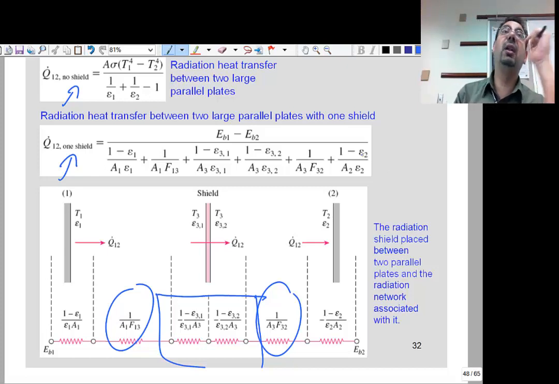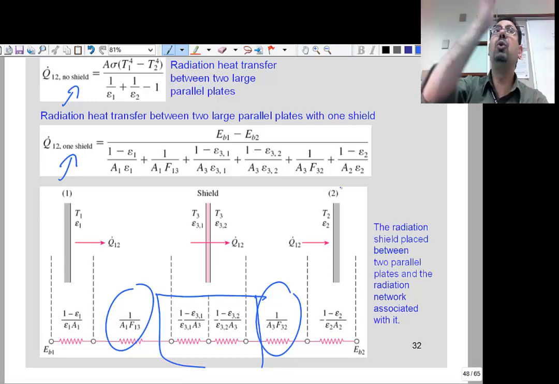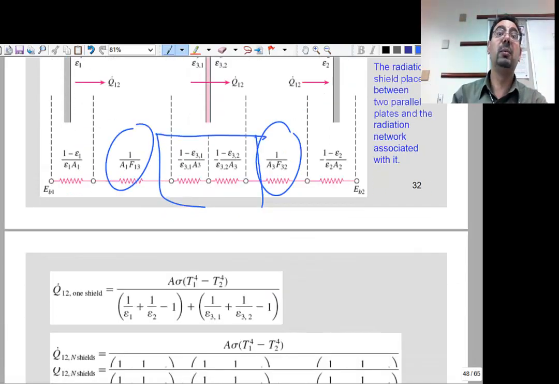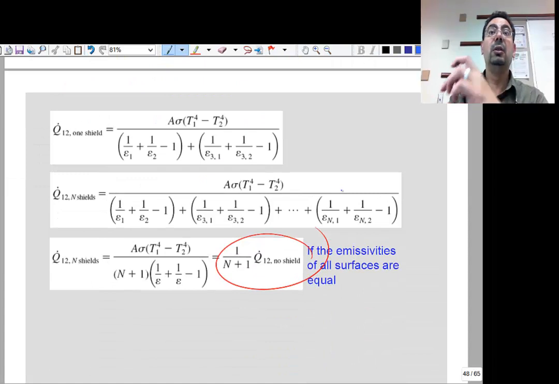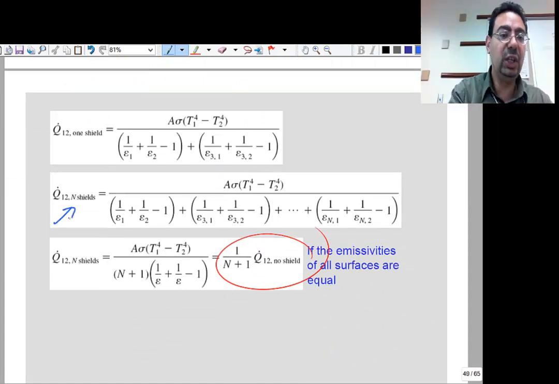So now what if we have a lot of shields, not just one? I mean, we will really want to kill the radiation. So let's add more and more surfaces between them. If you add n shields, every time you add one of them, you will basically add one of those brackets, and you'll add a lot of them.